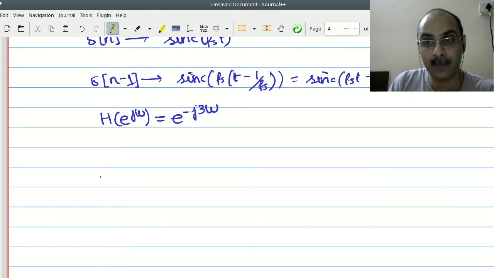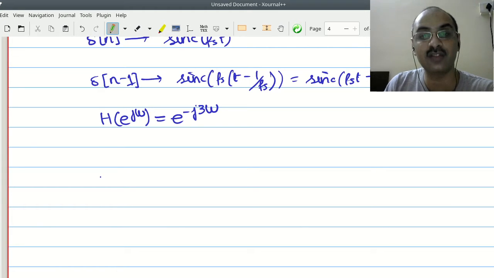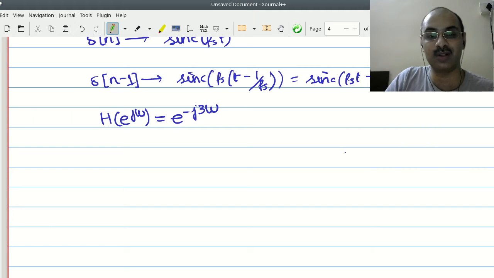So if you know the properties of the DTFT, the properties of the DTFT tell you that e power minus j n0 omega corresponds to delta of n minus n0. So this corresponds to delta of n minus 3.